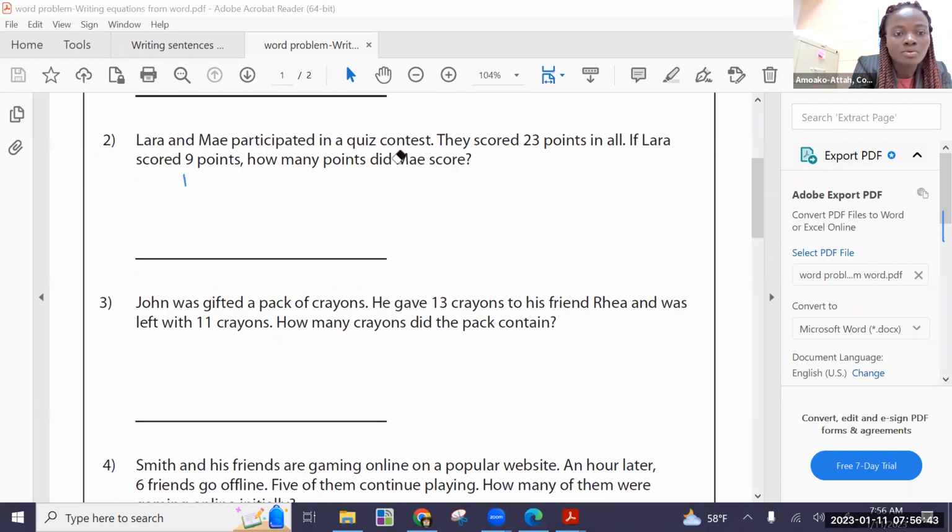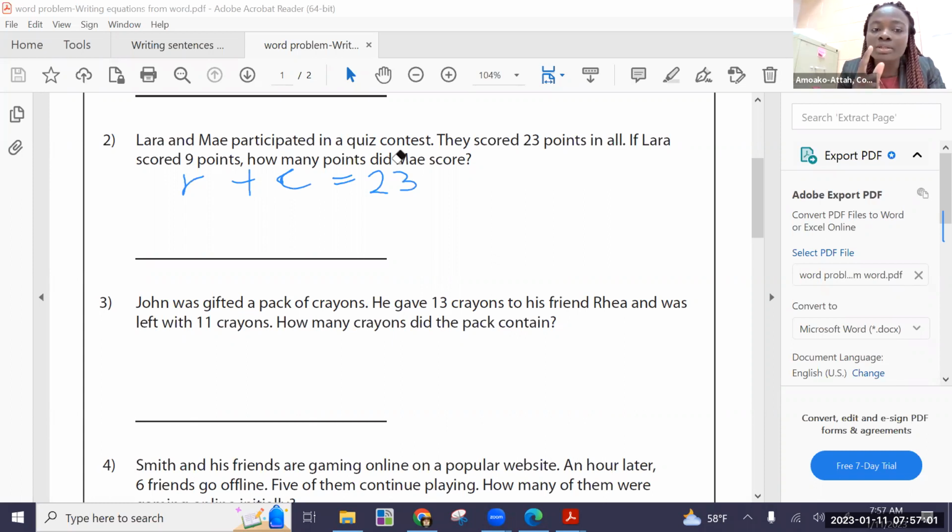So Ruth and Comfort. So this becomes Ruth plus Comfort. And in all, they scored 23 points.